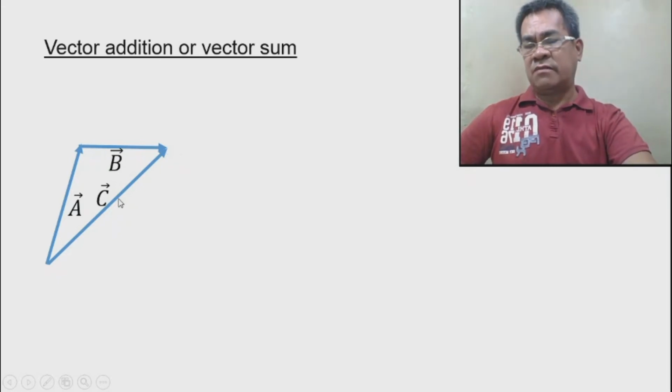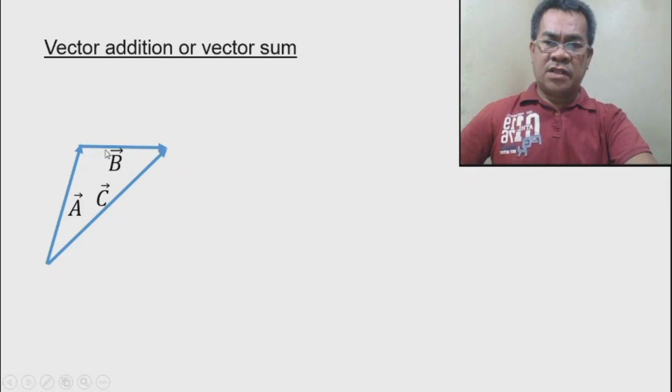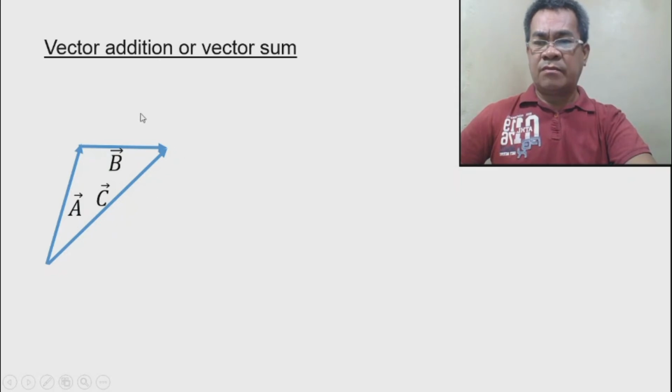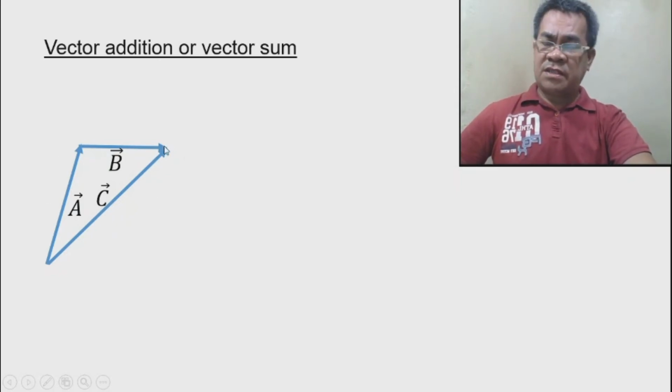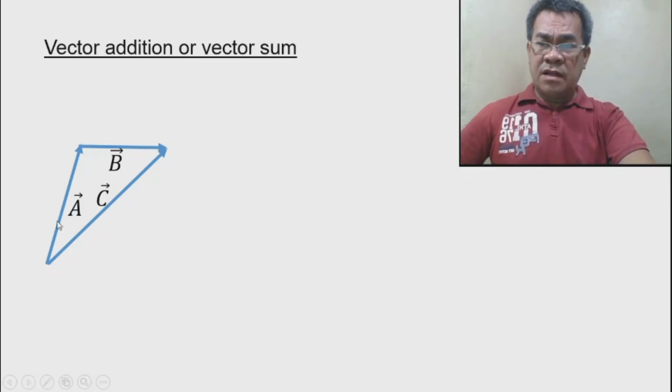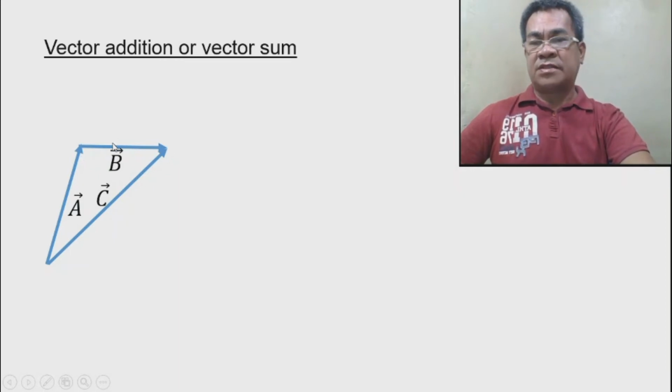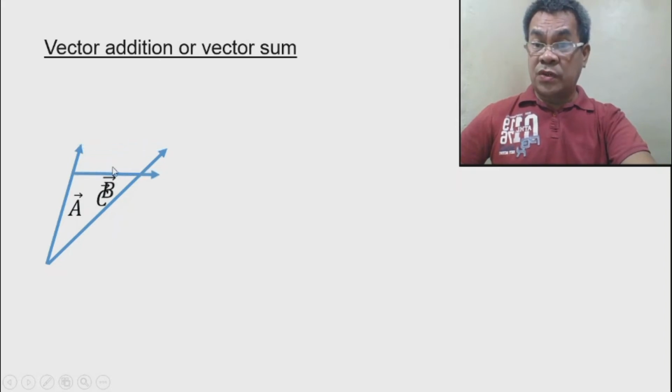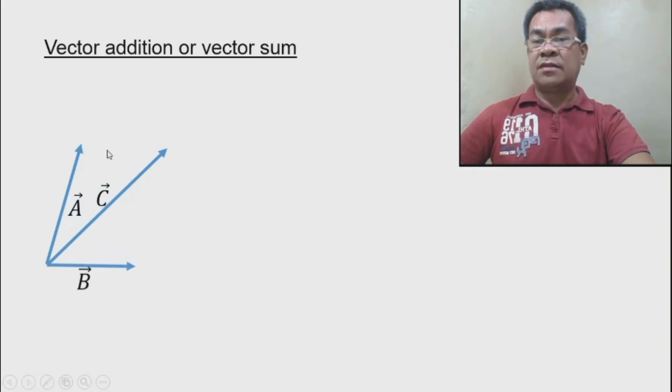So there are three vectors forming a polygon of vectors. This is a closed polygon, in this example a triangle. The polygon of vectors can be converted into concurrent vectors. How?